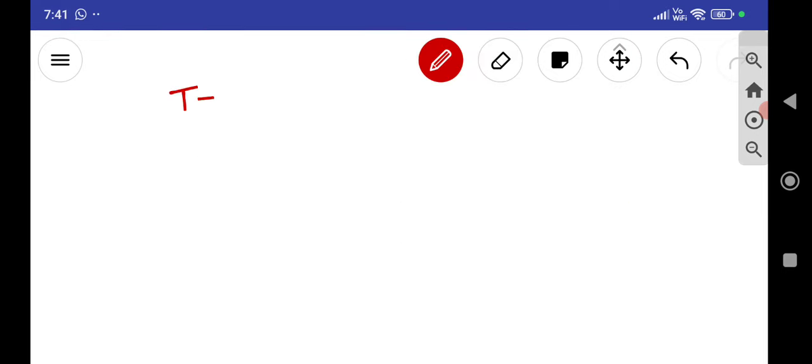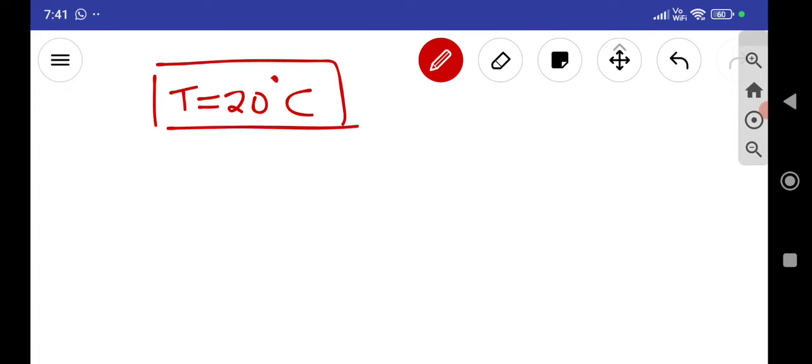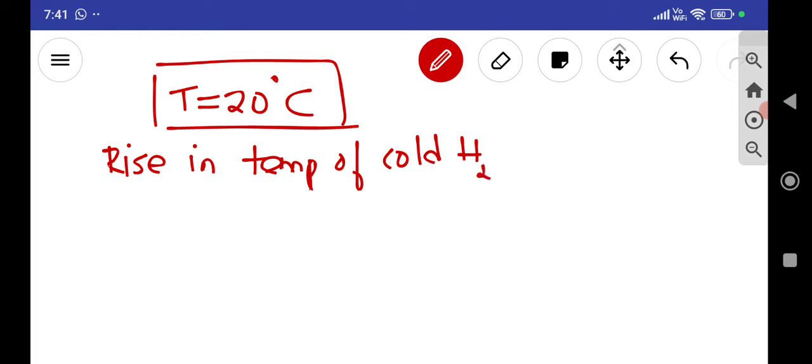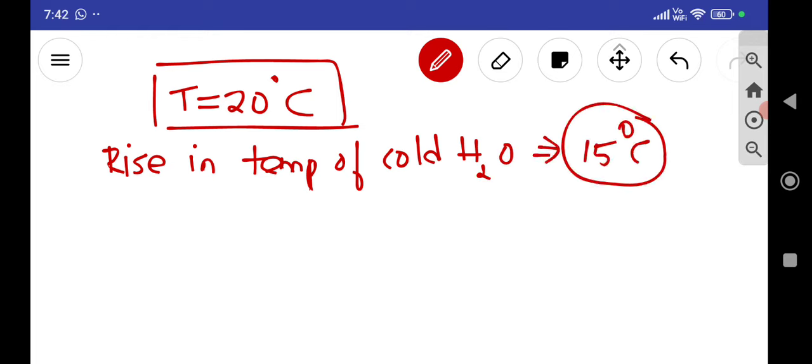Now the temperature is given and we got 20. They are telling the rise in the temperature of cold water. So how much rise was there? They only told that it is 15 degrees for cold water.